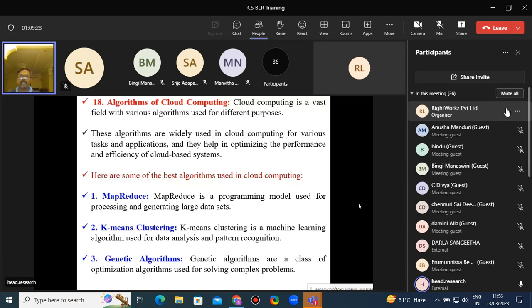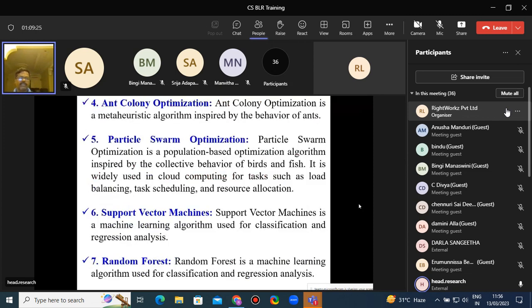Then ant colony optimization. It is one of the famous algorithms. It is a meta-heuristic algorithm inspired by the behavior of ants.